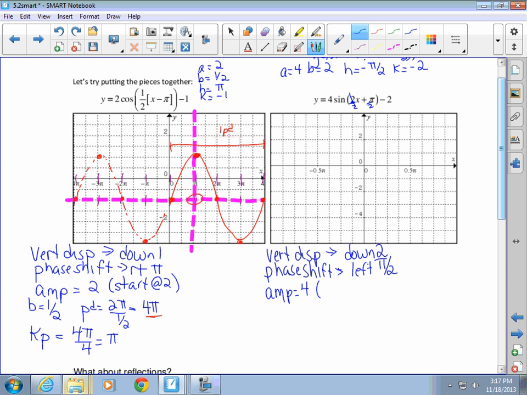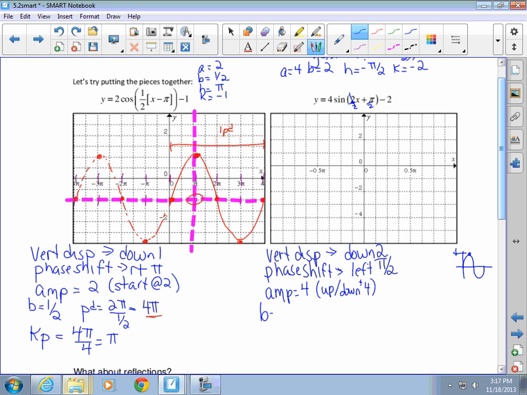So when I start, it's going to start up at 4. Because it's a sine graph, I always start at the 0 going this way. But that means this point here will now be at a 4 instead of at 1. So my up, down, when I do those, is going to be plus or minus 4.